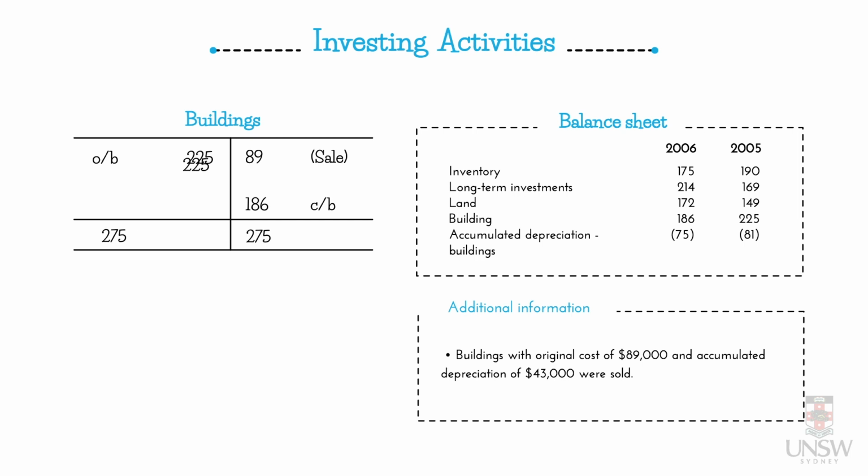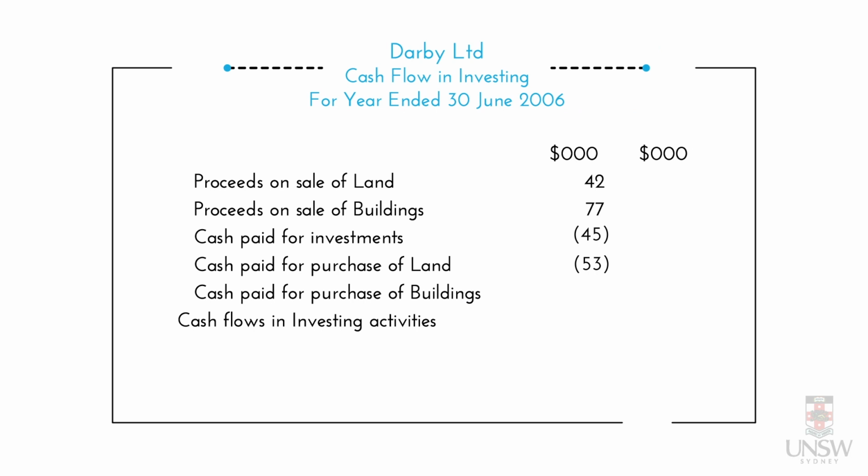So minus the opening balance 225, so it appears that we have had a purchase for cash. So we've had a purchase of 50 of buildings for cash during the period. So we put into our investing activities cash flows the cash paid for purchase of buildings, an outflow of 50.